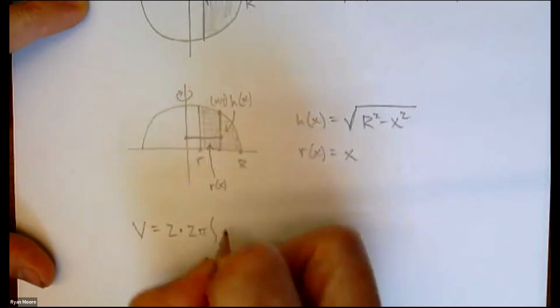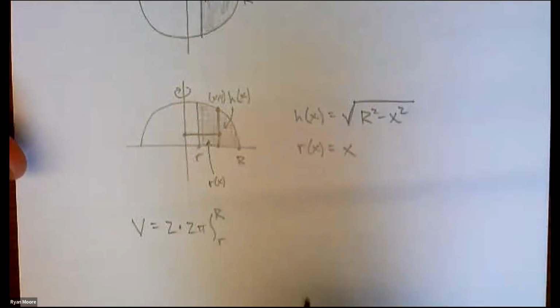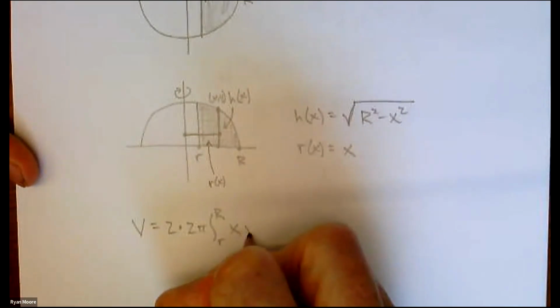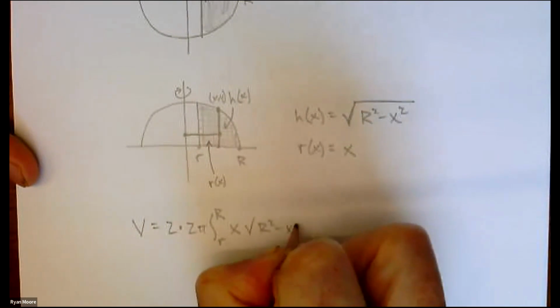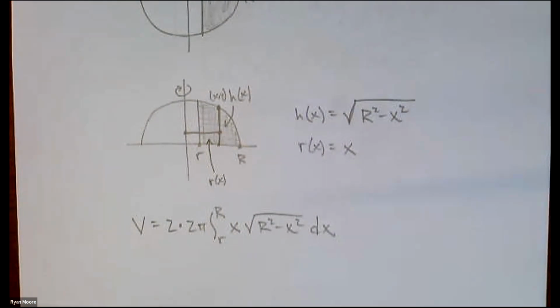It's from little r to big R. In the end, our formula is going to be in terms of little r and big R. If we know those two, the radius of the sphere and the radius of the cylinder, then we could plug those into our formula. So we'll use little r and big R here. Okay, and then it's radius times height dx. Looks good.